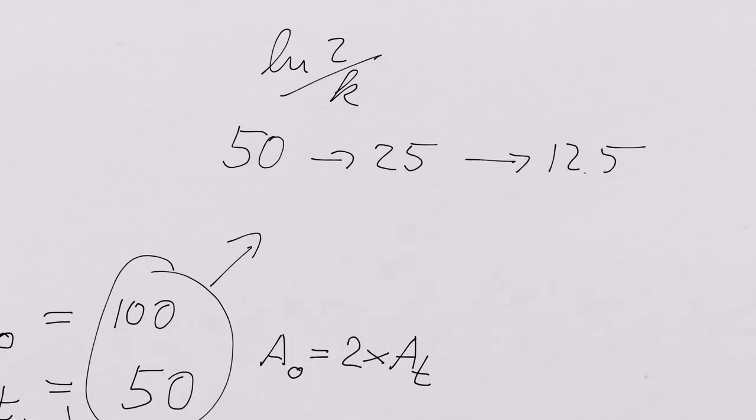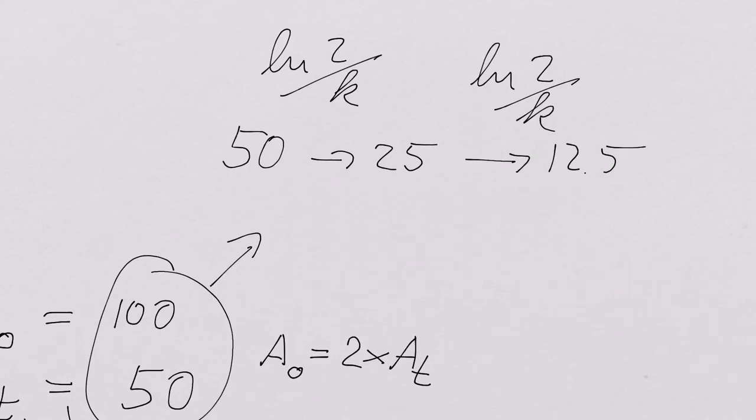It's the same. Again, ln 2 over k. Yeah? It only works for a first-order reaction. But it works. So you could argue that if you have a reaction and the half-lives are the same, this is indicative of a first-order reaction.